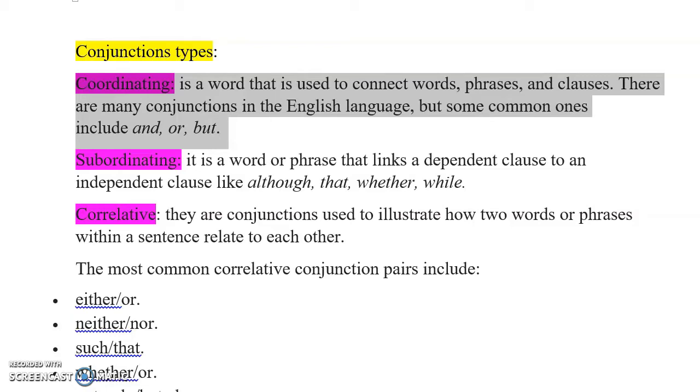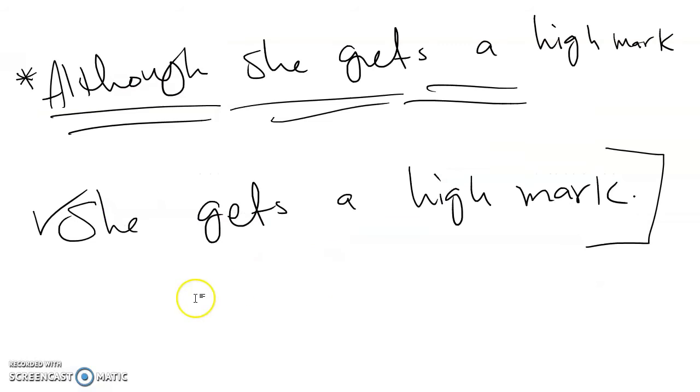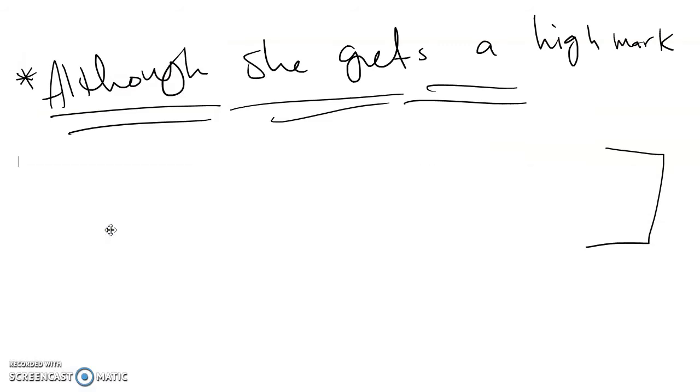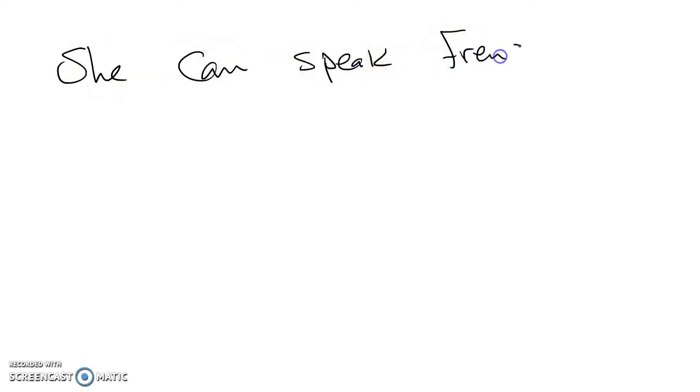Okay, I'll tell you an example, then I'll tell you the meaning or the type of this sentence. Simply we can go through, for example, she can speak French. This is a full, complete sentence. This is a right sentence, so it is called an independent clause.